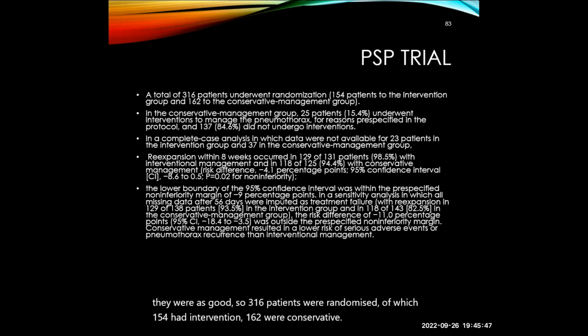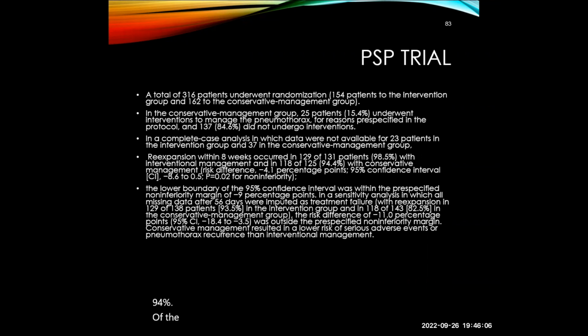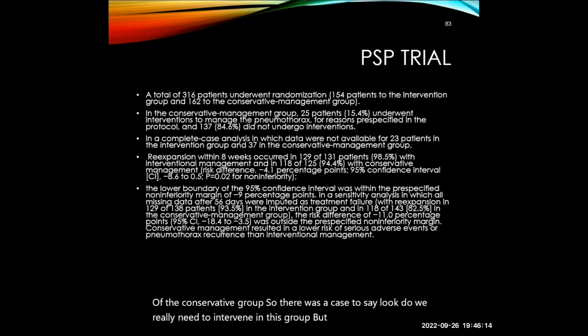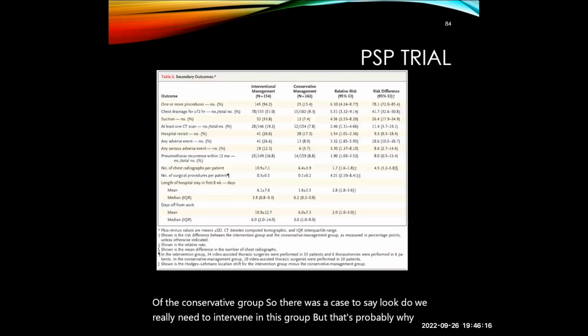In the conservative management, 25 patients ended up having intervention, but they were looking at complete re-expansion by 8 weeks, which was achieved in 129 of the intervention group and 94% of the conservative group. So there was a case to say, look, do we really need to intervene in this group? And that's probably why our UK physicians have started to change.